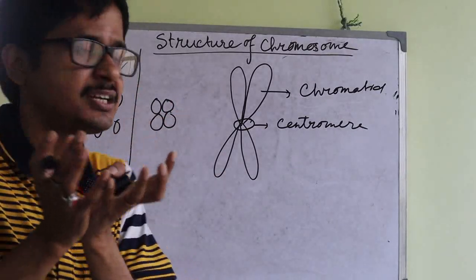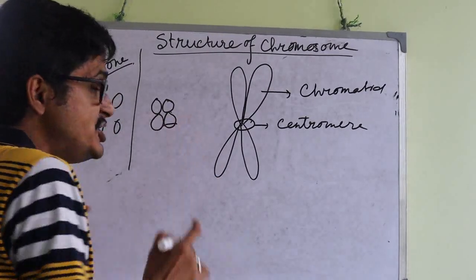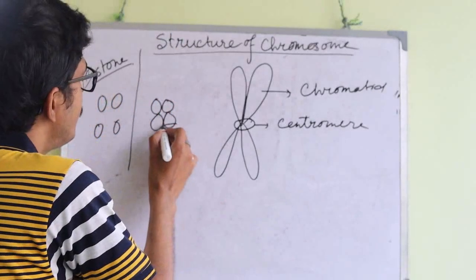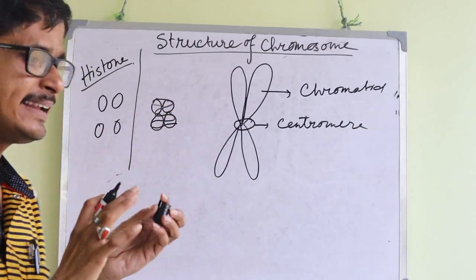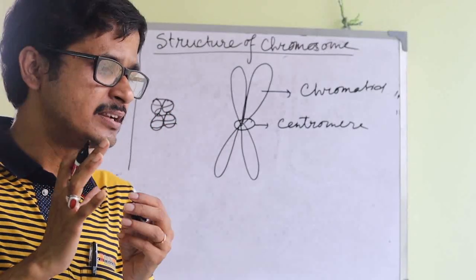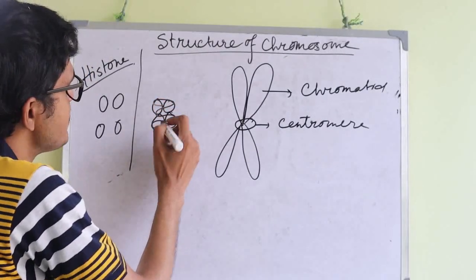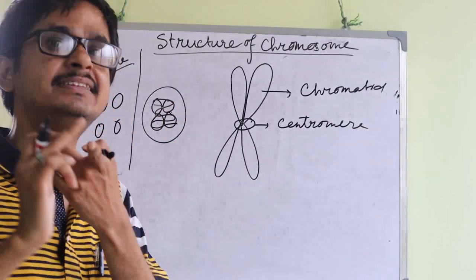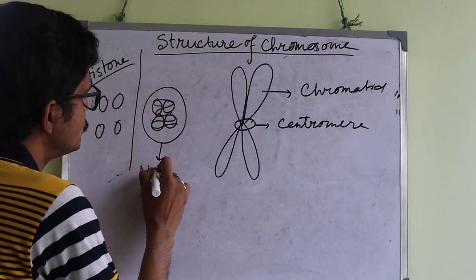And the DNA, that is deoxyribonucleic acid, coils over it, making a complex coil structure, a super coil structure. That means DNA along with 8 histone proteins, this form is known as a nucleosome.